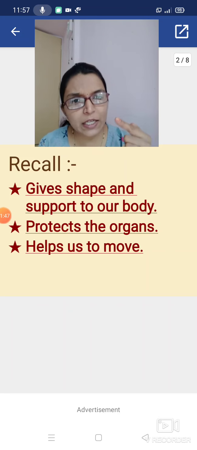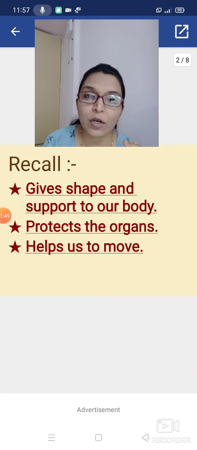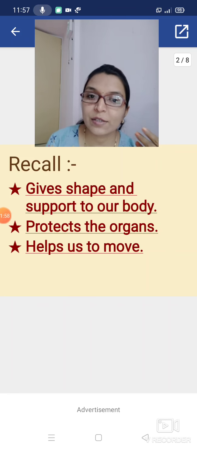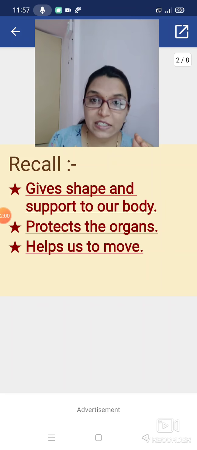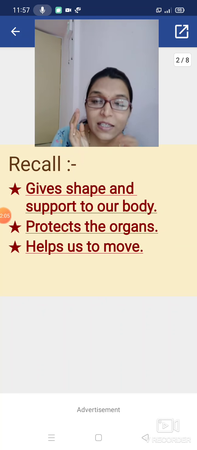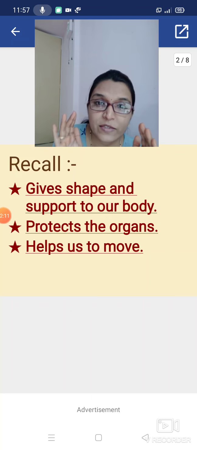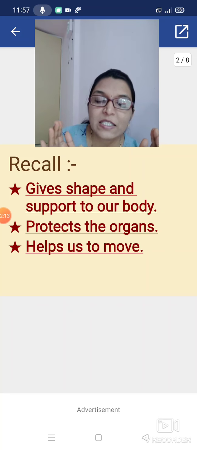For each function, I have already given you one example so you can understand better and remember it. For giving shape, which example did I give you? Yes, the face, the head. Because of the skull, our face and head have a specific shape.